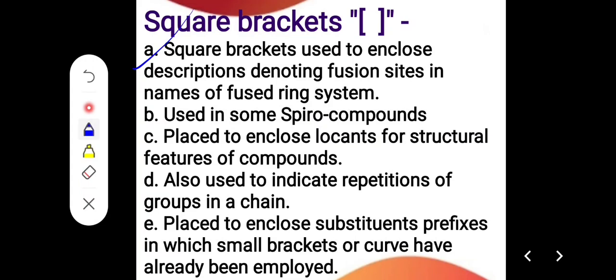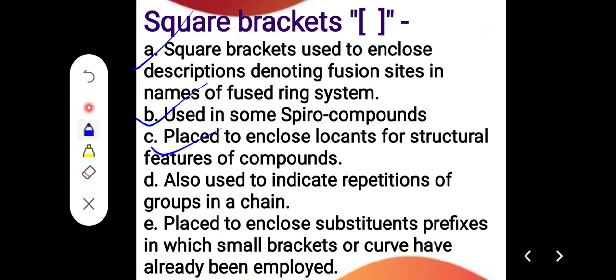Next one, used in some spiro compounds. For spiro compounds, in a square bracket we have to use the small number first, then the bigger number: the small number of carbon atoms present in one ring, then the higher number of carbon atoms present in the other ring.